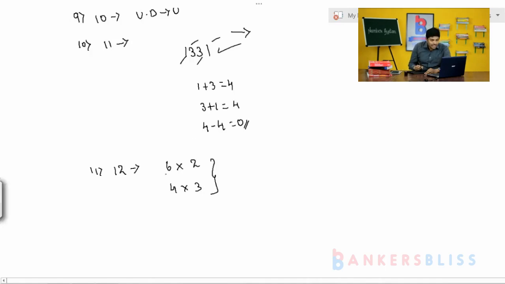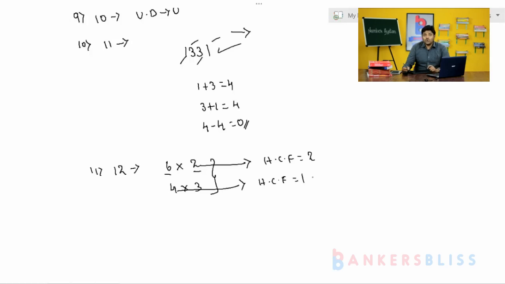If you consider 6 and 2, the HCF is 2. But if you consider 4 and 3, the HCF is 1. If any two numbers have HCF 1 between them, then those two numbers are called co-primes.